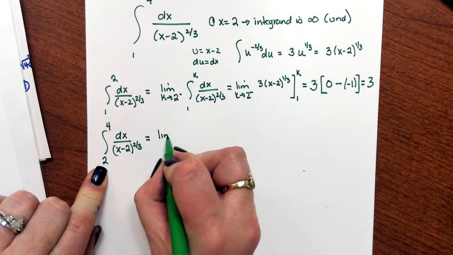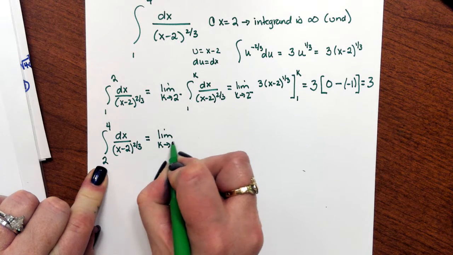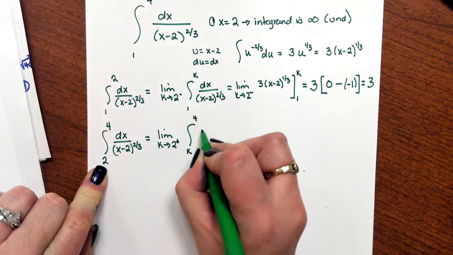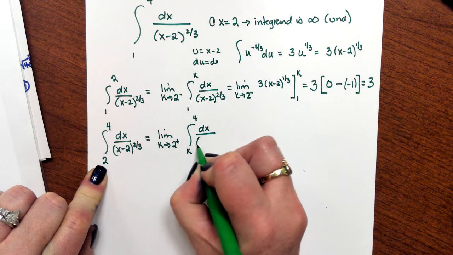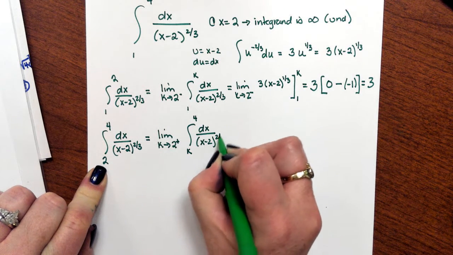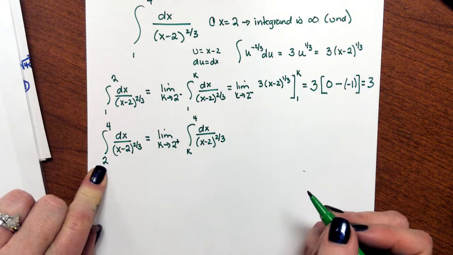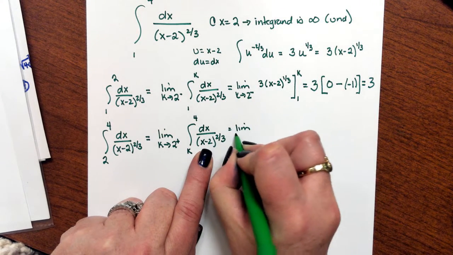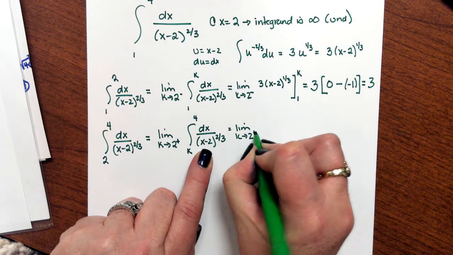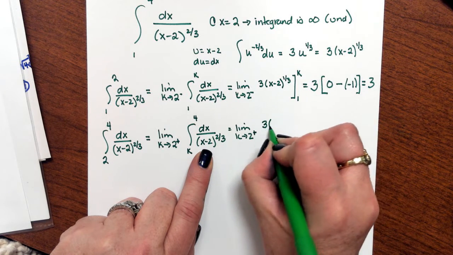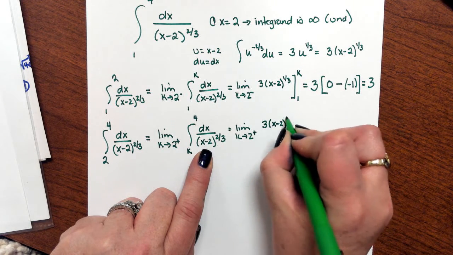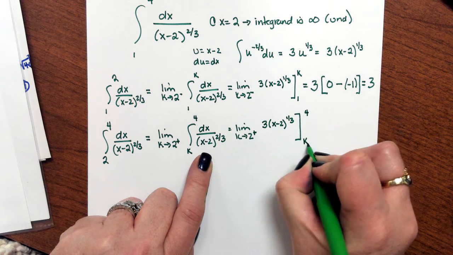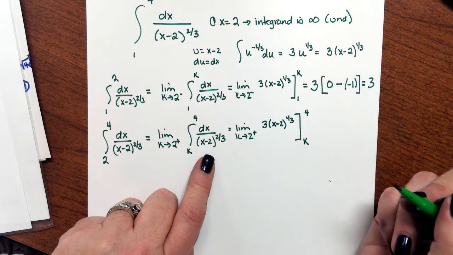So I'm going to rewrite this integral as the limit as k approaches 2 from the right, from k to 4. I've already integrated this, so I have the limit as k approaches 2 from the right of 3 times (x minus 2) to the 1/3, and I'm going to evaluate this from k to 4.